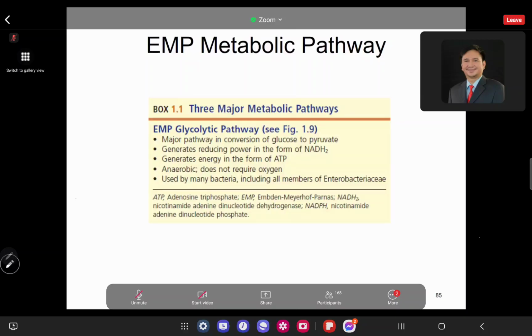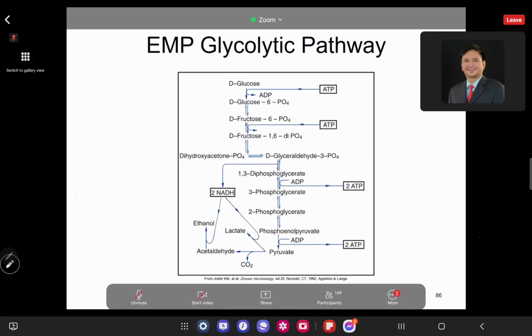It generates ATP, the energy currency of the cell. EMP, I'm sorry, this is an anaerobic pathway, meaning it does not require oxygen and is widely utilized by many bacteria, including all members of the Enterobacteriaceae family.